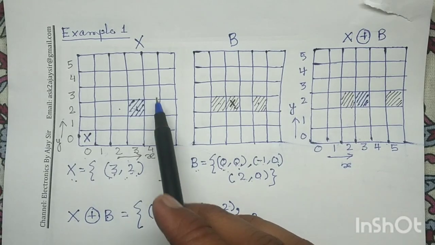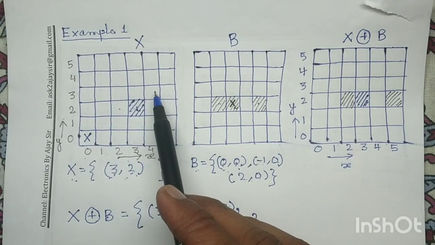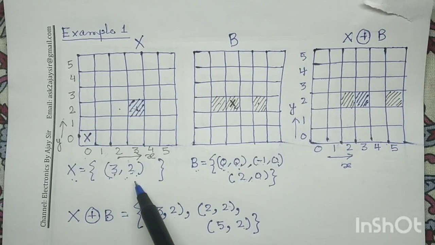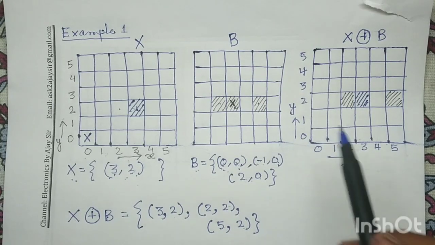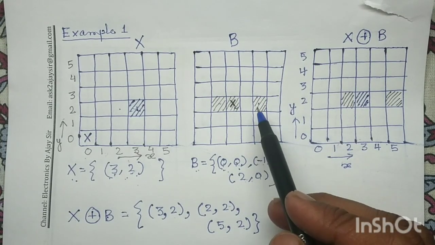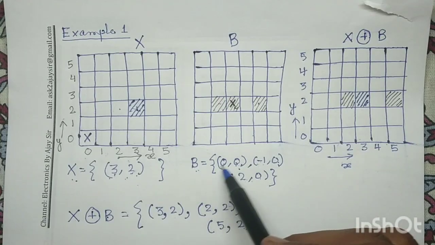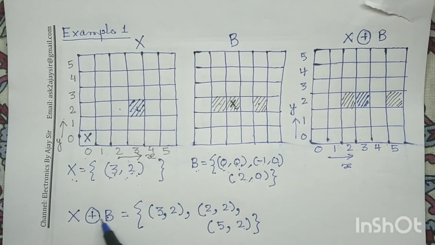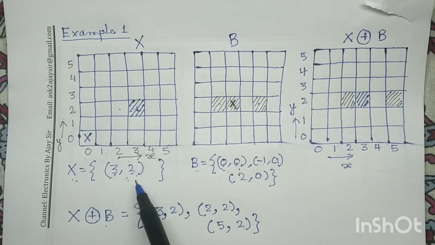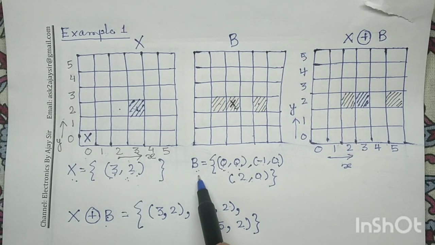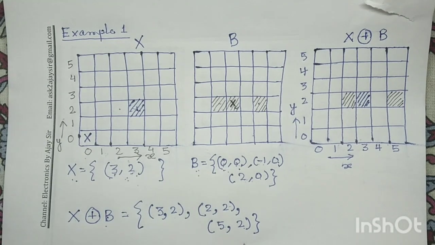So in summary, this is my input image x. For input image x, I have written the set x. This is my structuring element b. For this structuring element b, I have written its set. Then I perform the vector addition of all the elements of image set x with the structuring element set b, and I obtained this result.